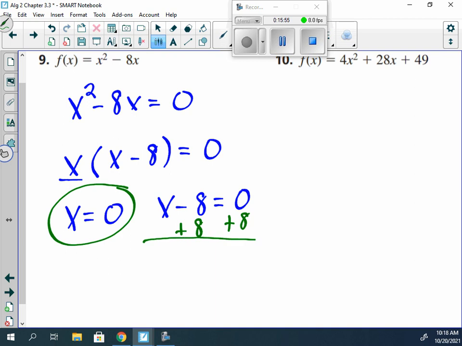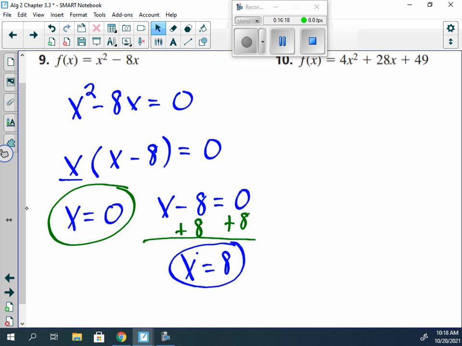Add 8 to both sides. And that's it. And that's the only one I really wanted to look at and go over, because we hadn't specifically done that, but that one's not too overly challenging.